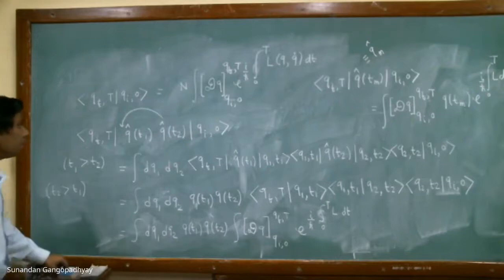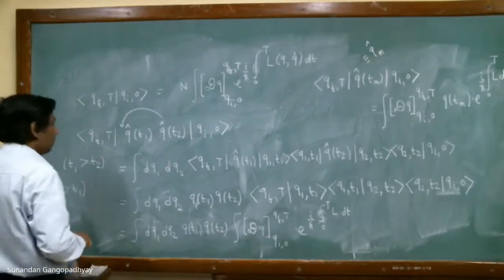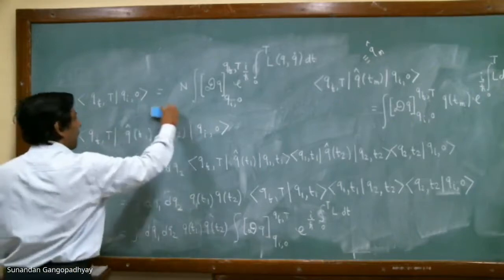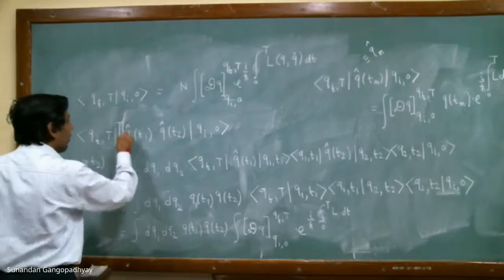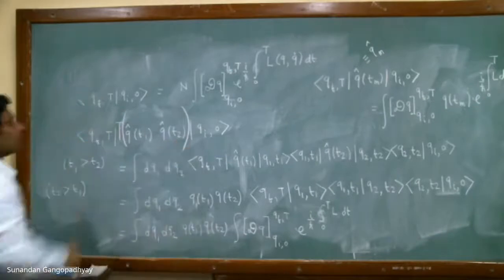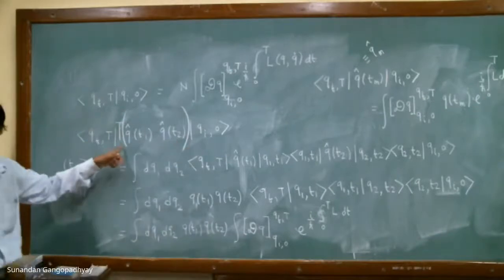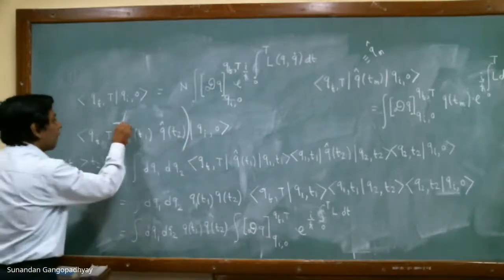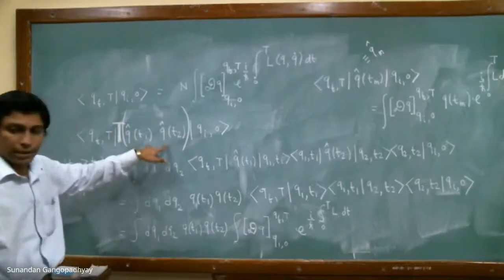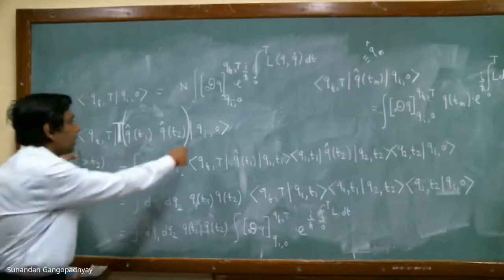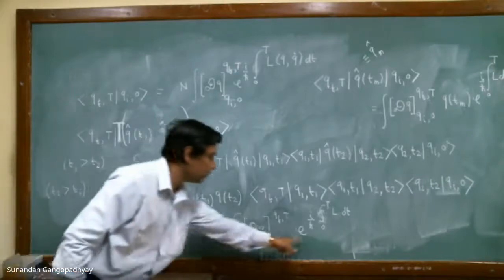So what you can do is you can just say that the time ordered product. So this is now a time ordering operator. You can say the time ordered product of these two operators defined at two different times, the matrix element of that, is basically equal to this.